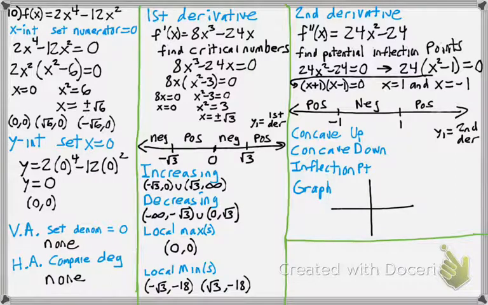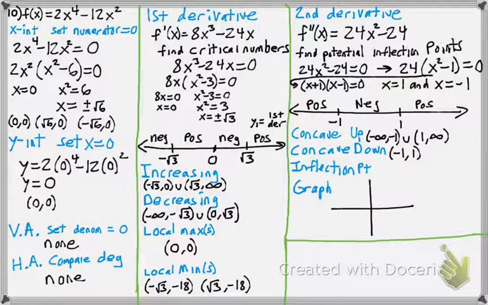This is going to be concave up from negative infinity to negative 1, and union that with 1 to infinity. Concave down is going to be -1 to 1.